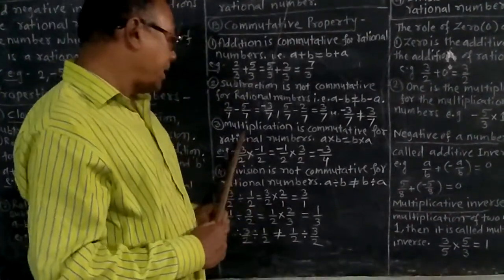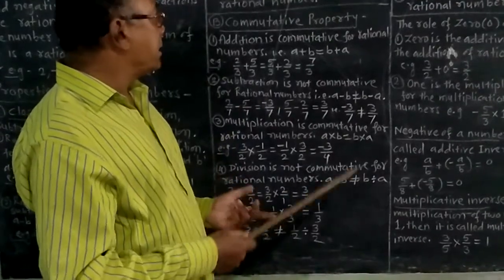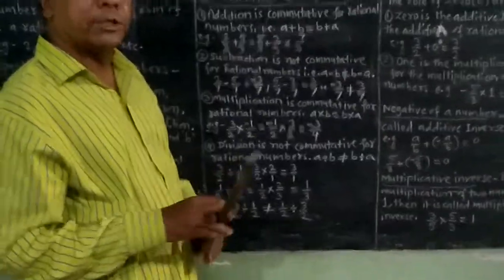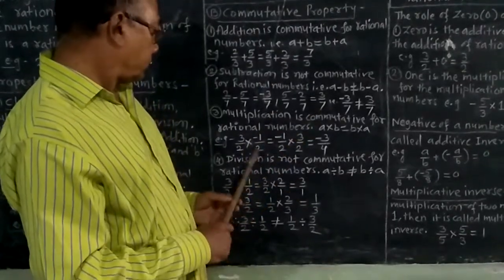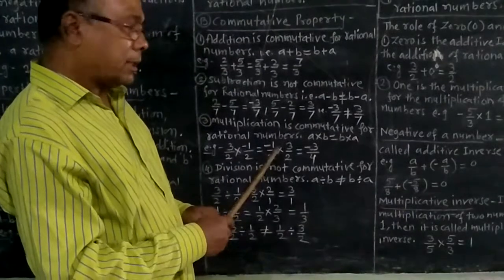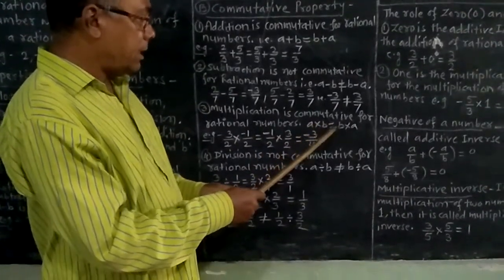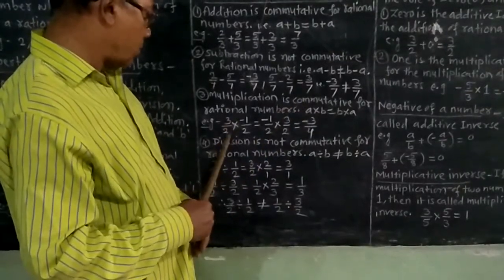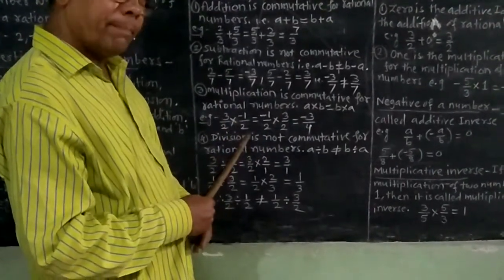Now we will see whether the commutative property is satisfied for the multiplication of rational numbers. So multiplication is commutative for rational numbers, that is a into b is equal to b into a. Now a is 3 upon 2 and b is minus 1 half.